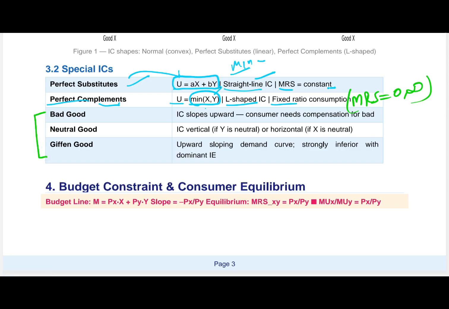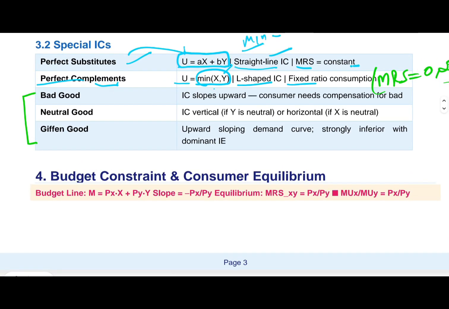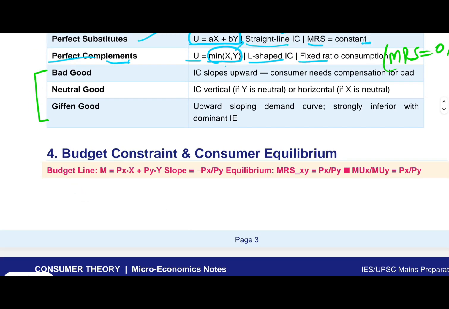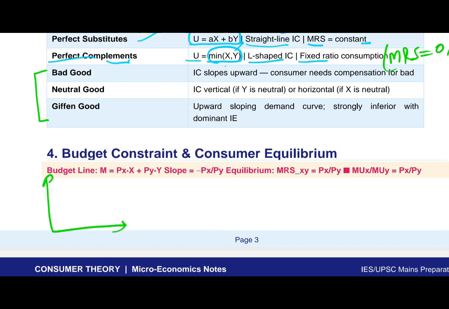For the bad good and neutral good, let me explain with the help of a drawing. Suppose X is a bad good, for example pollution. This is Y, a good, that is cloth.